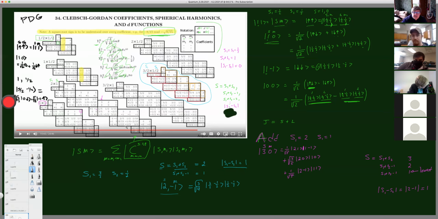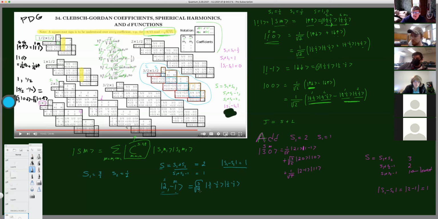And then the coefficients, the stuff that you're going to put in front of these states, are everything else that's not outlined. I'll put that in light blue. So that would be a coefficient here, here, here, and here. And the 1 here is where we're looking, because we're looking for 2, 1, 2, 1. This is the M1 and this is the M2.